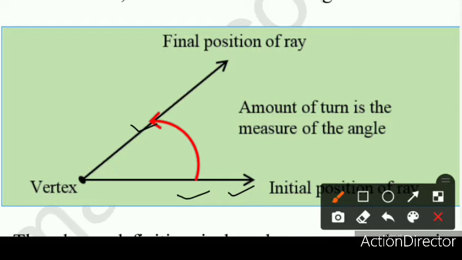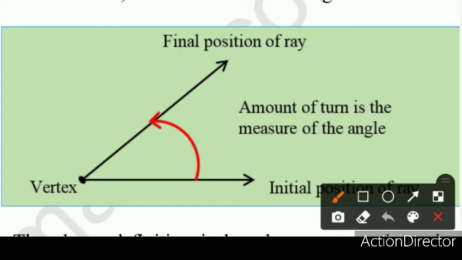When this ray moves from the initial position to the final position, it makes an angle in the middle of these two rays. So the amount of turn is the measure of the angle.